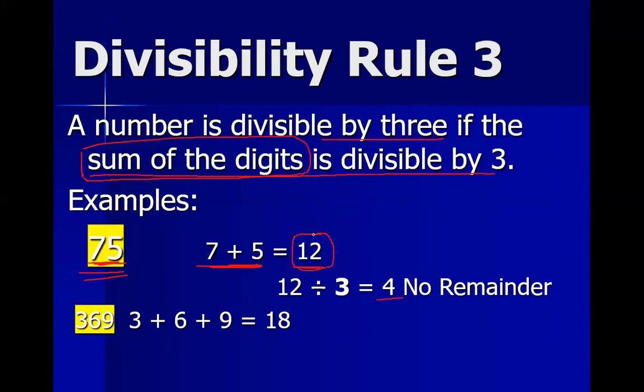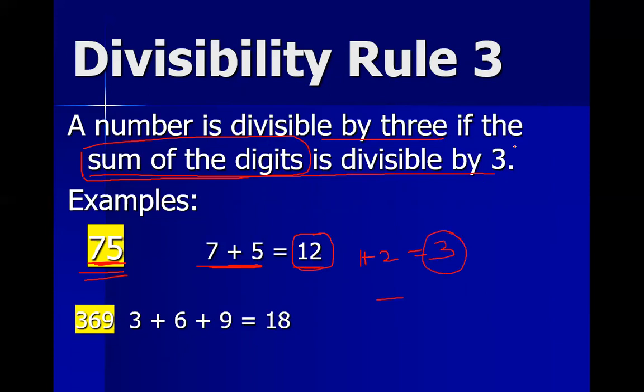If you get the answer 12, you can apply the rule again: 1 plus 2, so this would be 3. 3 is completely divisible by 3 because 3 comes in the table of itself. So we can say that the number 75 is divisible by 3.